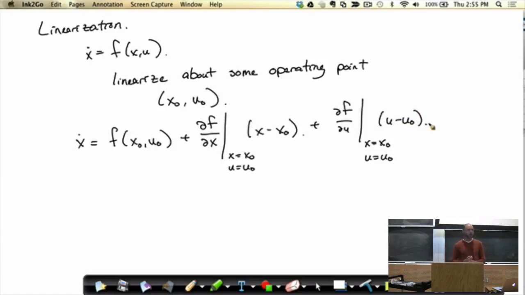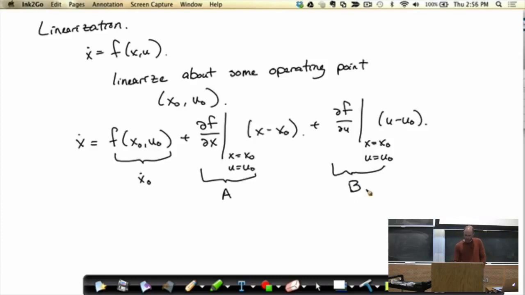Okay, I can write out partial f, partial x, and everything, but we're going to give these things simpler names because they're familiar. This thing, what is that? That's just x dot evaluated at the operating point, so we'll call that x dot naught, right? That's the time derivative at the operating point. This thing you'll recognize if you've done linear systems, state space form, that's just our A matrix. And this thing is our B matrix.